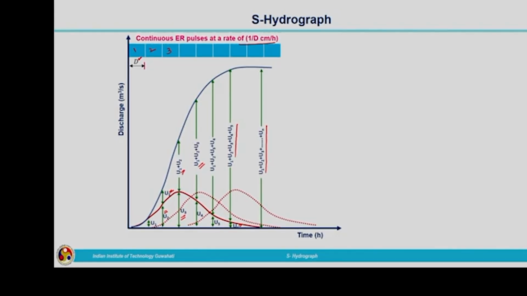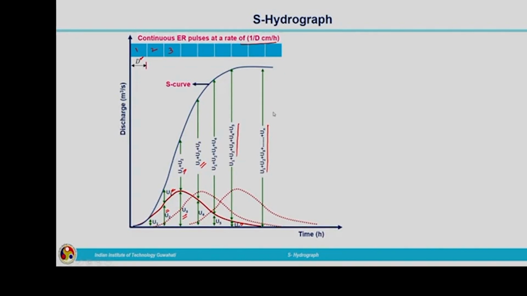Responses from the effective rainfall pulses will be there, but there will not be any change in the equilibrium discharge value. So, this way we can derive the S-Hydrograph by making use of the unit hydrograph ordinates.